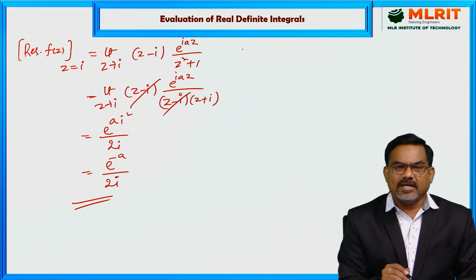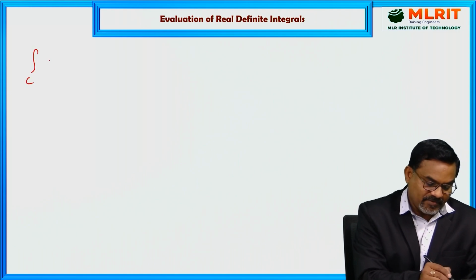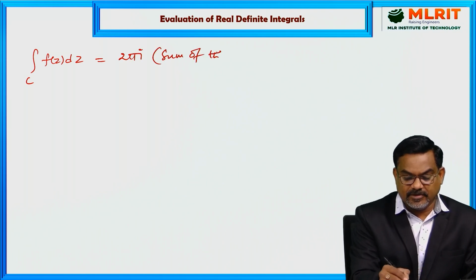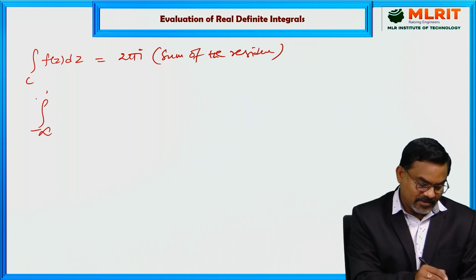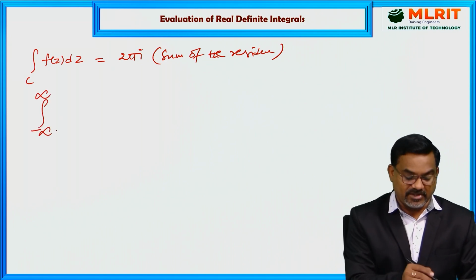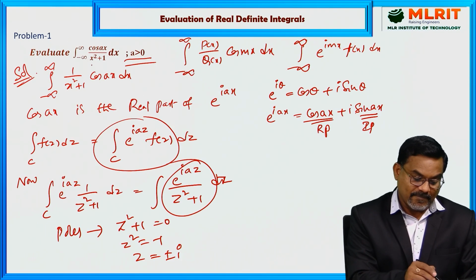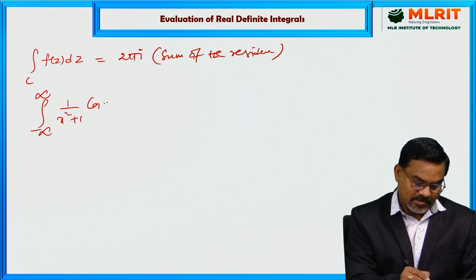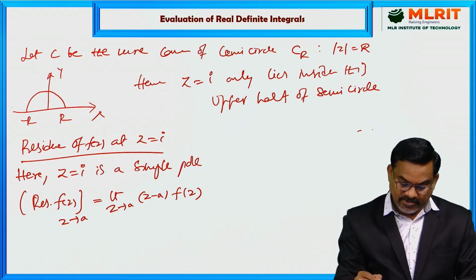Now we apply the residue theorem to evaluate the line integral over C of the function f of z dz, which is 2 pi i into the sum of the residues. So the given integral from minus infinity to plus infinity 1 by x square plus 1 cos ax dx is 2 pi i into the sum of the residues.